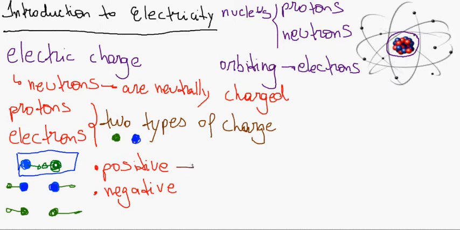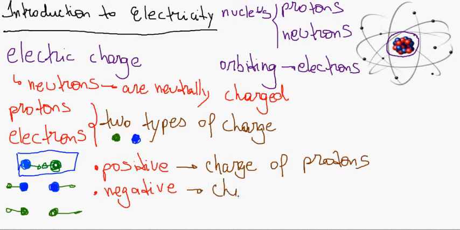We are going to call the charge of the protons positive, and we're going to call the charge of electrons negative. It's just a decision we made. We want to give a name, but as I said, this doesn't affect what the things are.